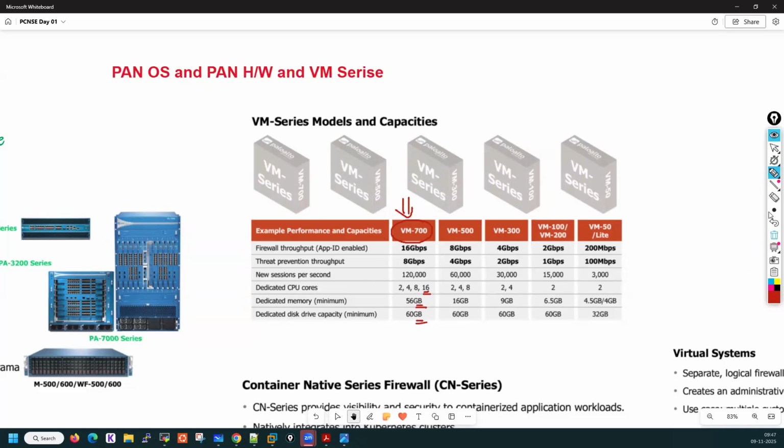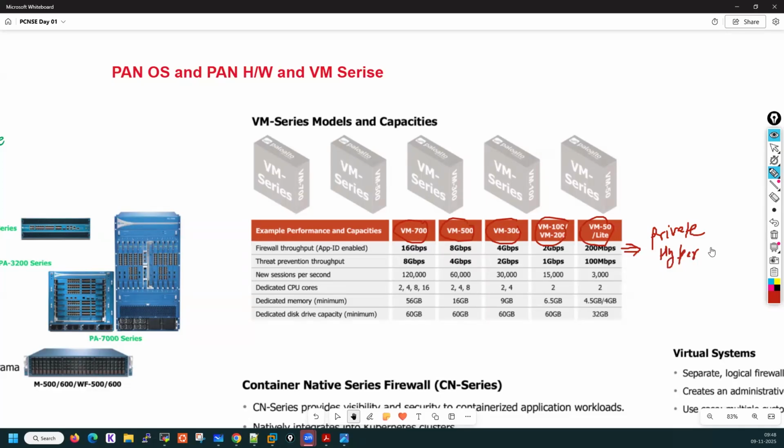But nowadays, if you deploy those VM-Series devices in cloud environments, then you will not be able to see VM-700, 500, 300, those types of models. Those are for private hypervisors.